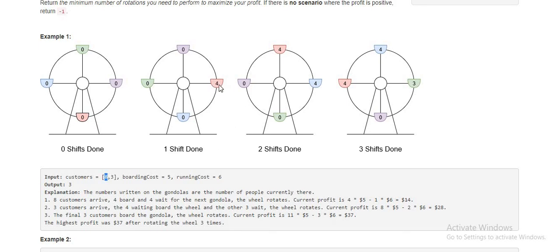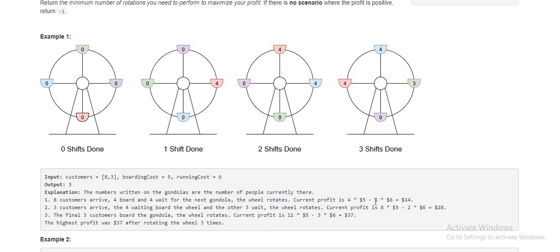So you can see these 4 people, and that's why 4 into the boarding cost of 5, that is 20, minus you have to reduce the energy which is required. Because it needs some fuel, and that has to be reduced out of your profit value.